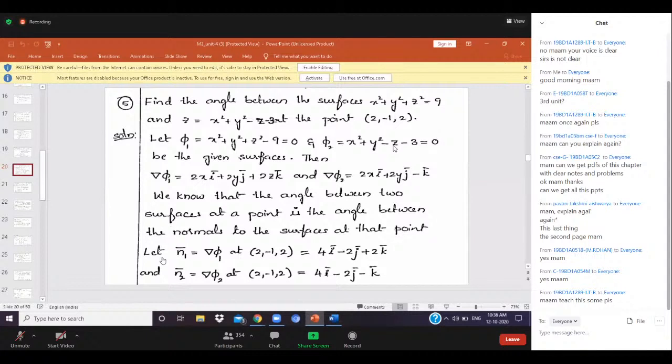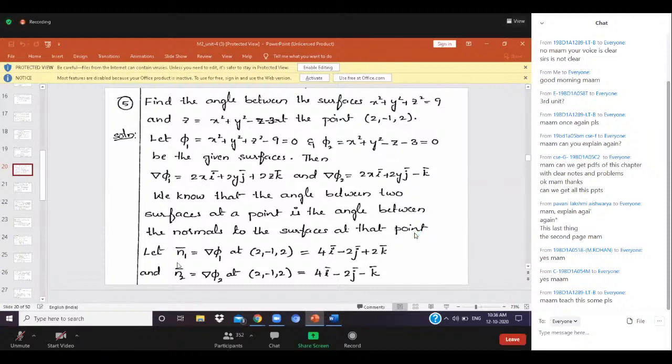There is no other term; it is equal to 0. This is phi 2. So for the angle between these two, the formula is cos theta equals n1 bar dot n2 bar by modulus of n1 bar into modulus of n2 bar. But n1 bar is nothing but grad phi 1 at the given point, and n2 bar is grad phi 2 at the given point, which we need to calculate.